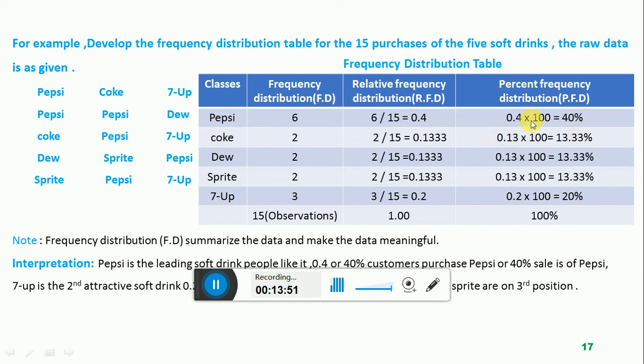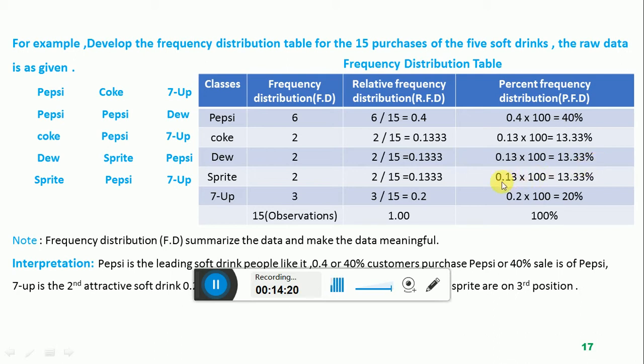Now the percent frequency distribution of the second class: multiply its relative frequency by 100, so we calculate 13.33%. Again, for the third class Dew, we multiply the relative frequency 0.13 by 100, which is equal to 13.33%.